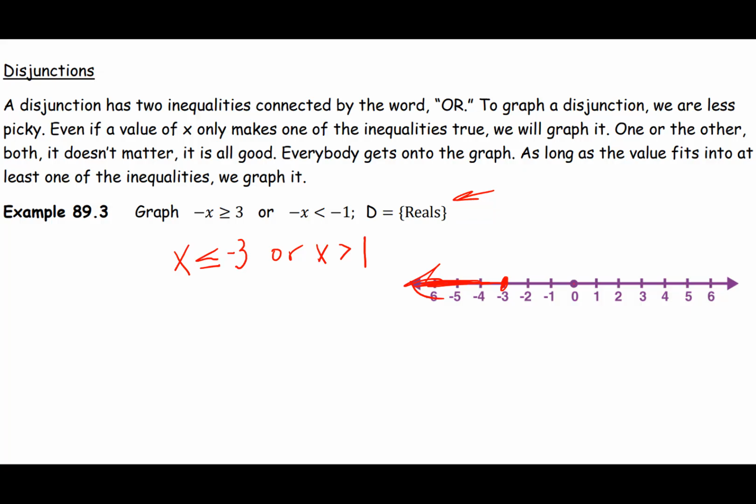Now we want to graph the numbers that are greater than 1. We don't want to include 1. It doesn't say greater than or equal to 1. It just says x greater than 1. The only way to show that we want to get smack right up against 1 is to put a circle on 1. And the only reason we're doing that is because our domain is the real numbers. Remember, we never ever put an open circle when the domain is integers.